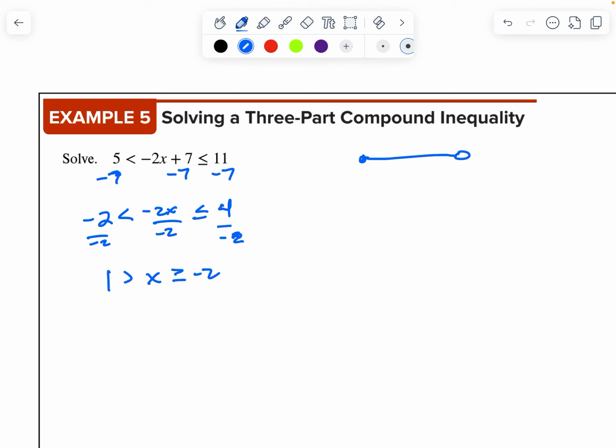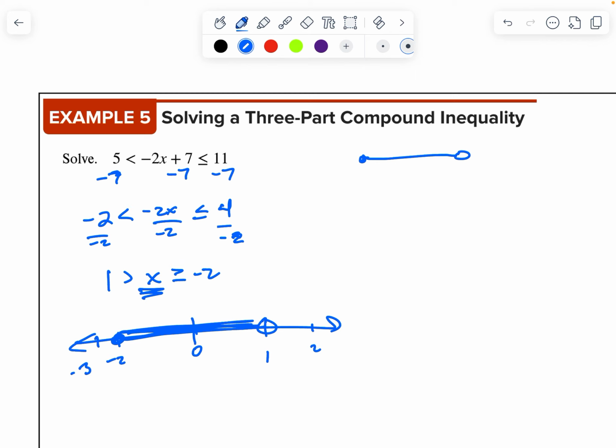So -2, if we put these on a number line, -2 is going to be on the left, 1 is going to be on the right, 0 somewhere in between. Here the 1 has just a less than, so the 1 is going to have an open circle. The -2 has a greater than or equal to, so it is going to have a closed circle. And the x is sandwiched in between, so we're going to shade in between.